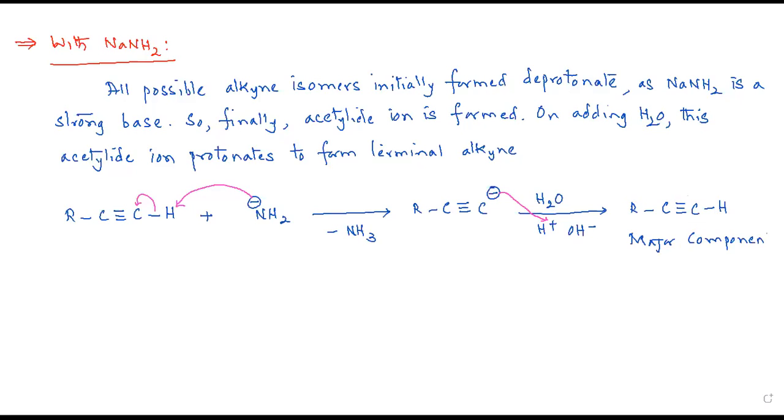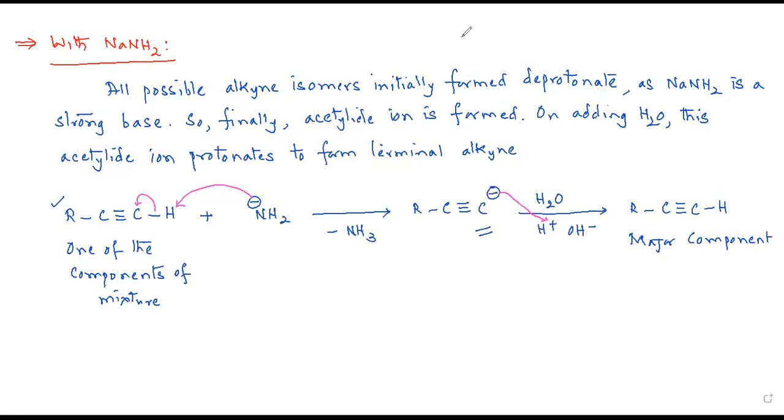Now the thing you have started with is one of the components of the mixture finally formed. When you take different dihaloalkanes, you finally end up with this acetylide ion.